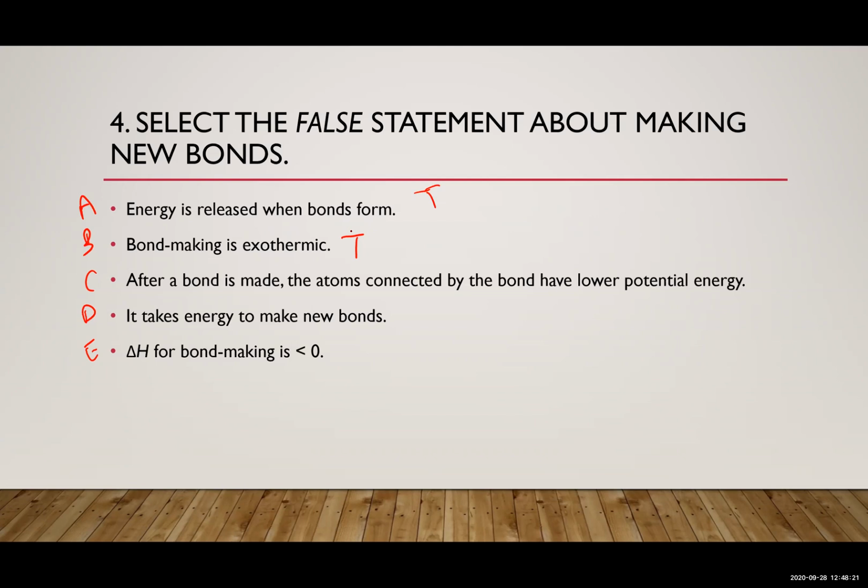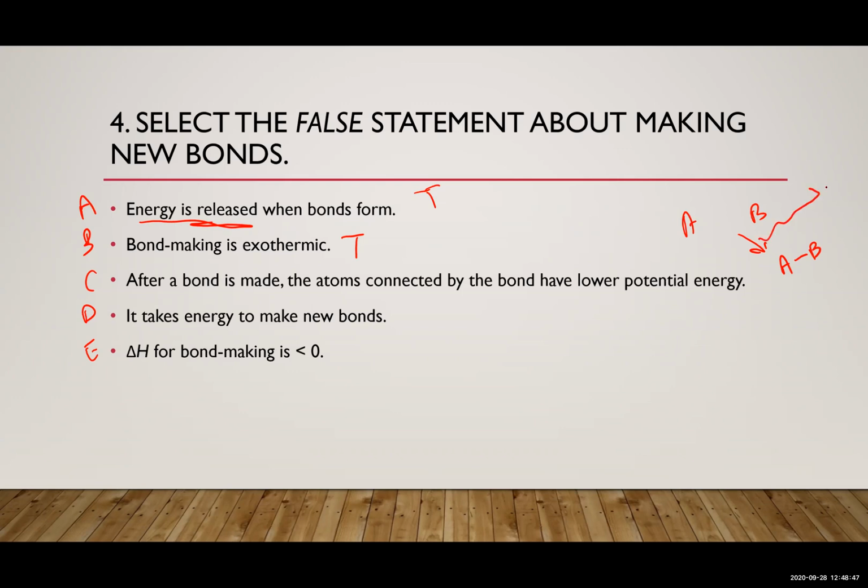Let's look at C: after a bond is made, the atoms connected by the bond have lower potential energy. Imagine A and B are going to make a bond, AB. In this process, is energy released or absorbed? Released.